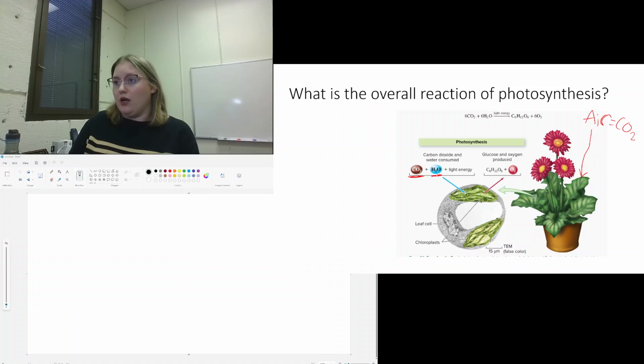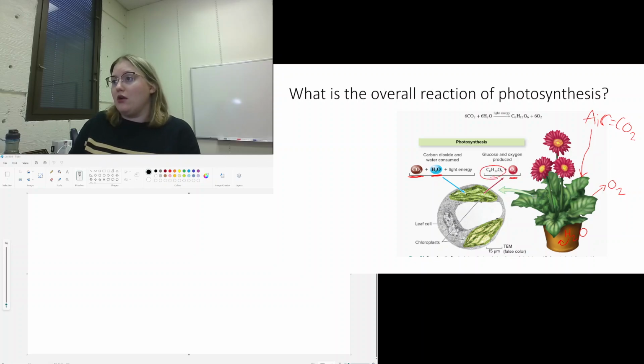Now our water is going to come from the soil, so it's going to go in through the roots. Now in our products, we have oxygen, and where do we think it's going to come out from? Well, it is going to come out from the leaves. So the leaves are doing what's called gas exchange. Carbon dioxide comes in, oxygen goes out.